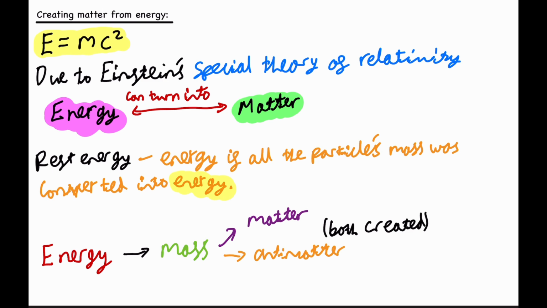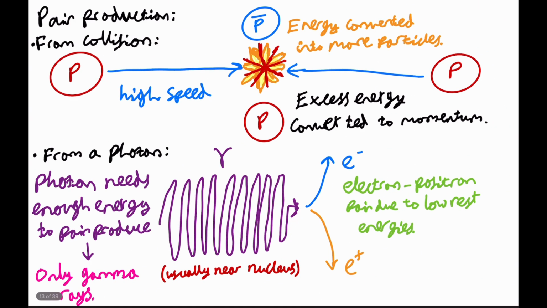And when you convert energy into mass, you're going to get matter and antimatter. So both have to be created when you go from energy to mass. And this is done through pair production. So for example, you can have a collision between two protons, a proton here and a proton here, going at very high speeds together. When they collide, energy is converted into more particles.